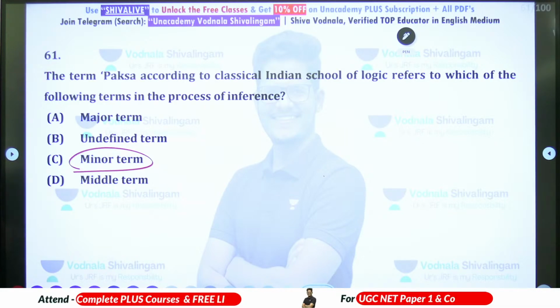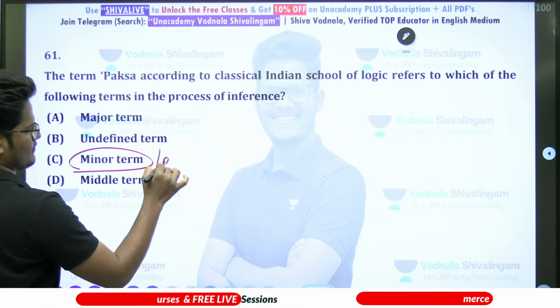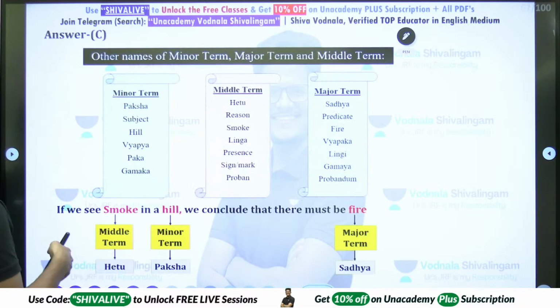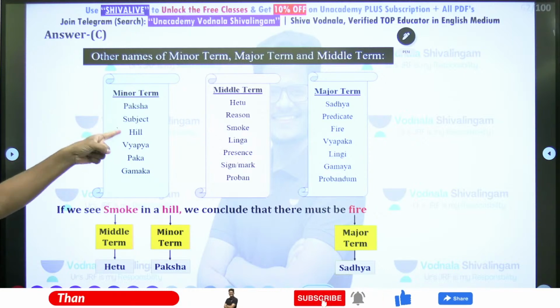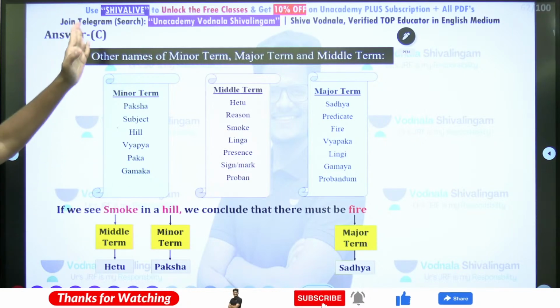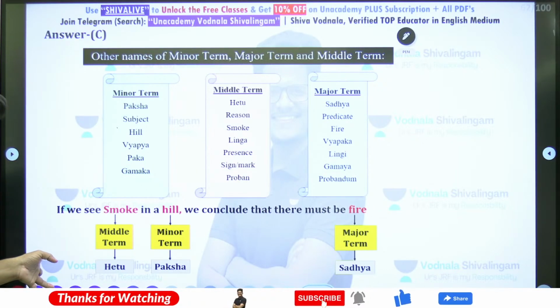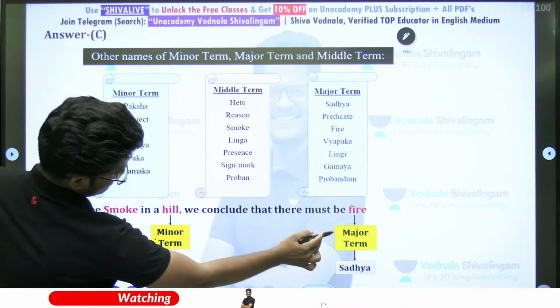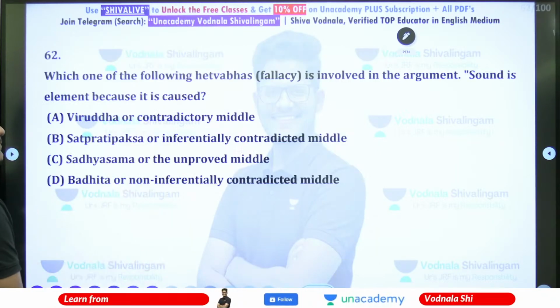Paksha is a minor term. Paksha, subject, hill, Vyapaya, Pakka and Gamaka are other names for the minor term. Middle term is Hetu, minor term is Paksha and major term is Sadhya.